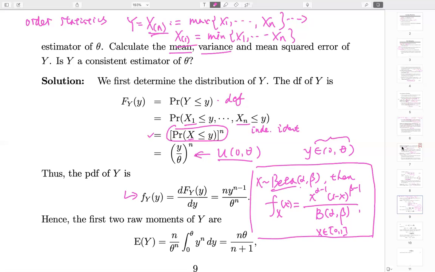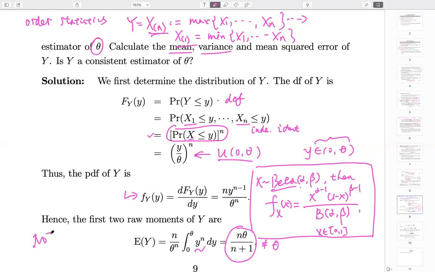But here, since it's a very special case, we can actually do the integral directly, and it's a very easy one because it's a power function. So it's somehow easy to show this. As you can see from here, obviously this number does not equal theta. Again, theta is something we're trying to estimate. So it is not unbiased, right?